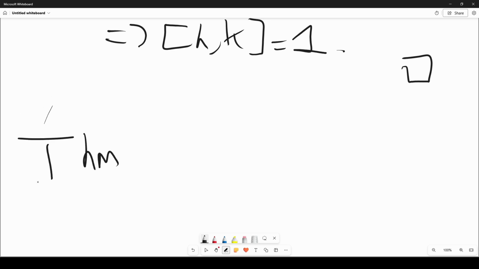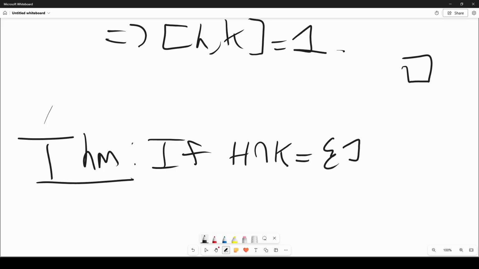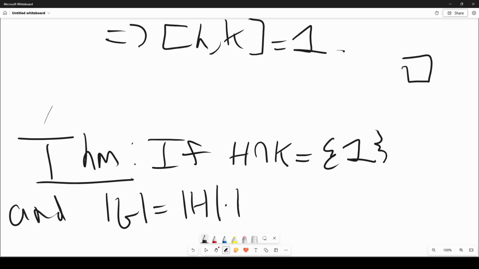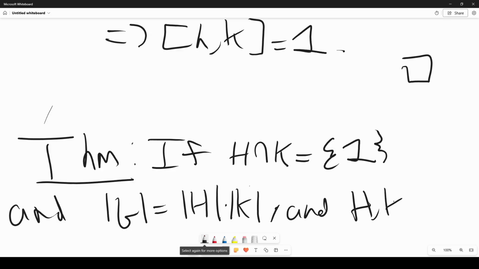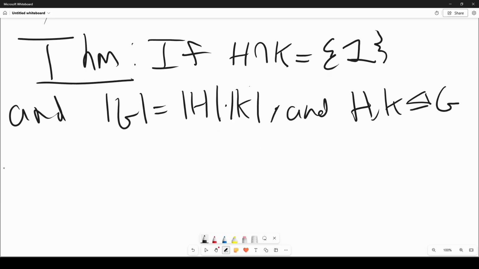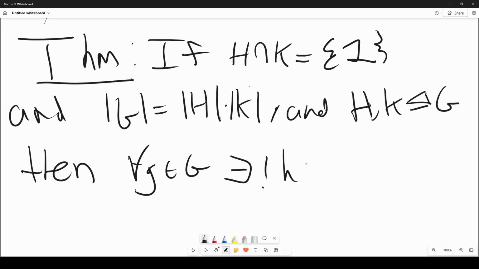So, theorem: if H intersect K is just the identity, and I get that the order of G equals the order of H times the order of K, and of course I assume that H and K are normal in G, then I'm going to get, as we wanted, that for all g in G there exists a unique h in H and k in K such that g equals hk.